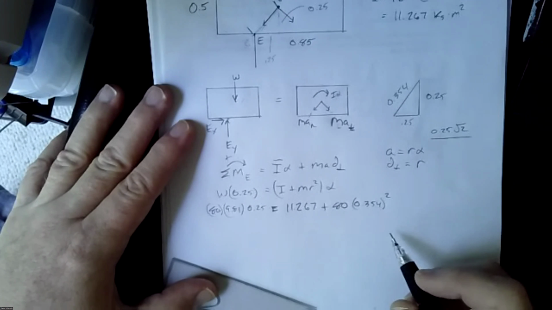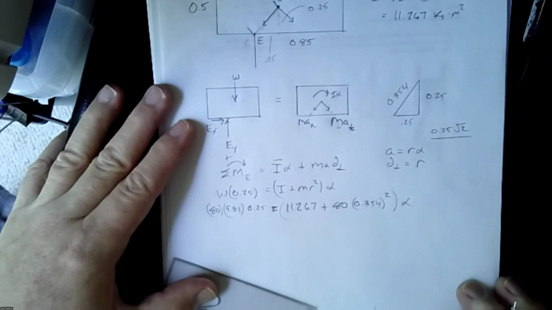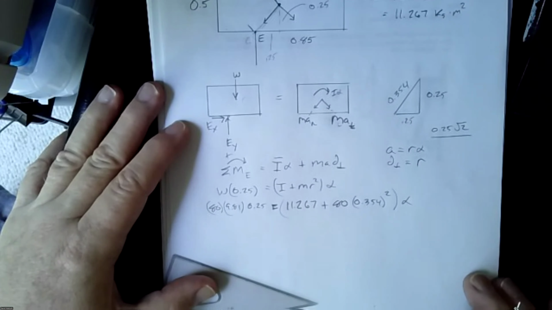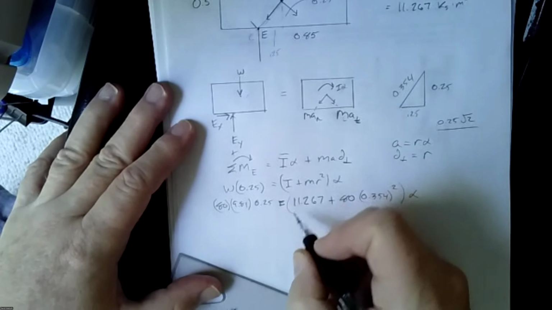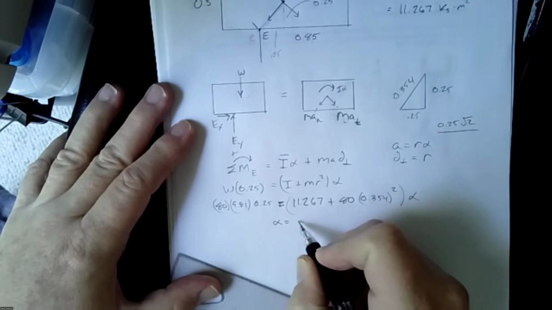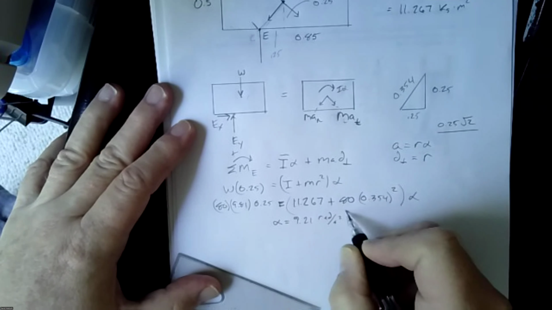For a right triangle. And then all of that times alpha, okay? So now we get alpha, and it turns out to be 9.21 radians per second squared.